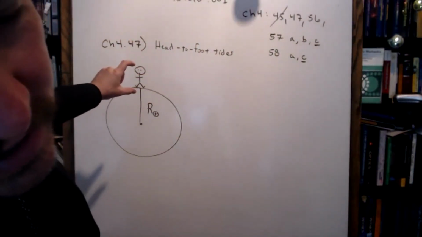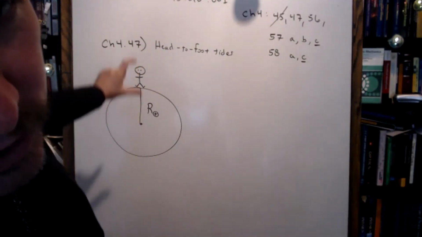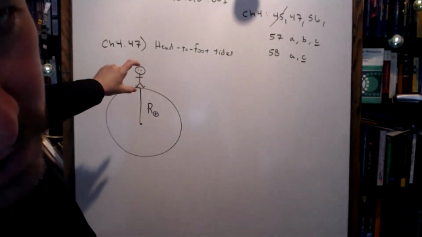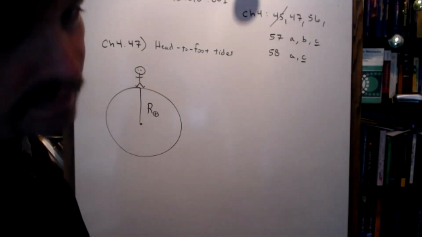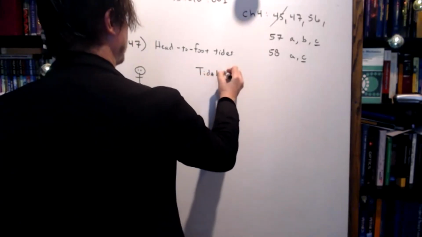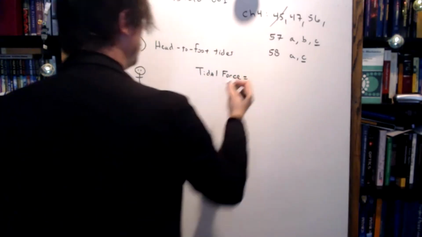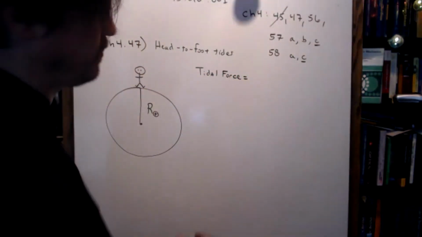The question is not asking about the moon in any way. It's suggesting that Earth should exert a tidal force on a man just by themselves. Now, the tidal force is a differential force.